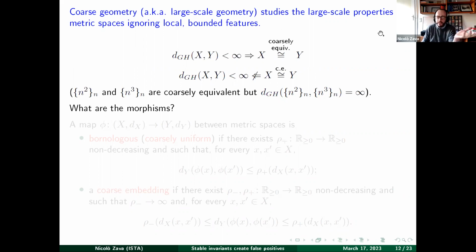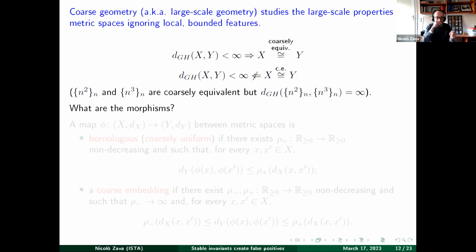So I've recalled the Gromov-Hausdorff distance. For this theory, if two spaces have finite Gromov-Hausdorff distance, then they are essentially the same object, because with local changes you can get from one space to the other.